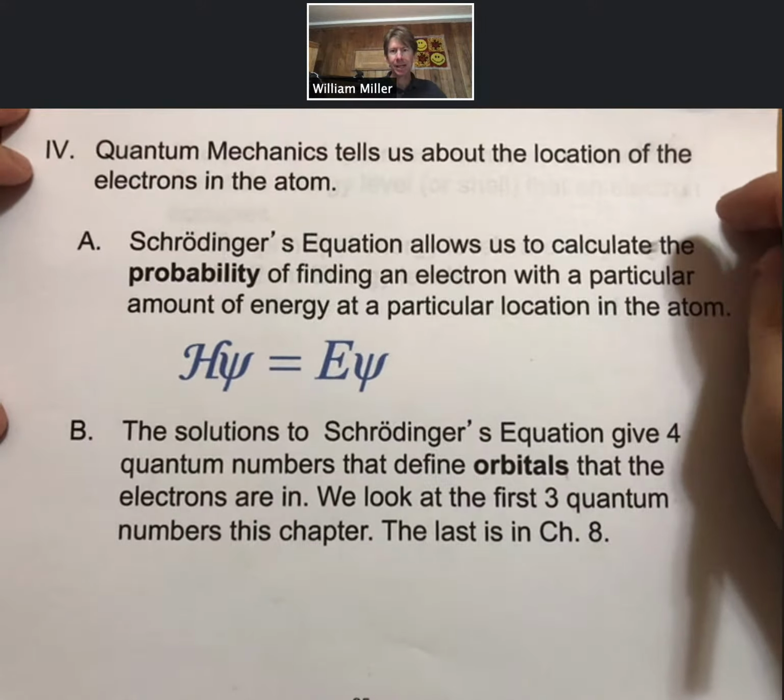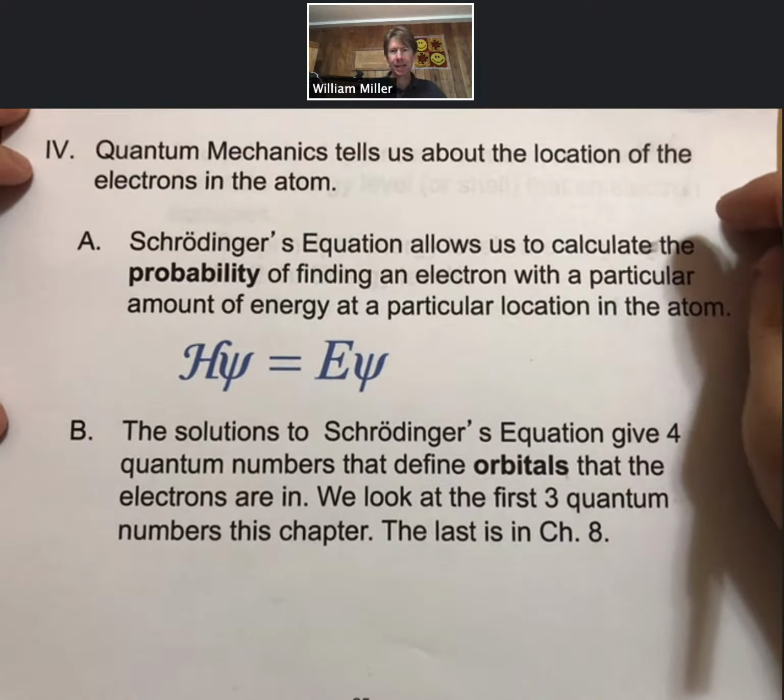But these values of n are the same values of n here and the same values that we've been talking about before with that E equals minus 2.18 times 10 to the minus 18 formula that we have used and will use again.